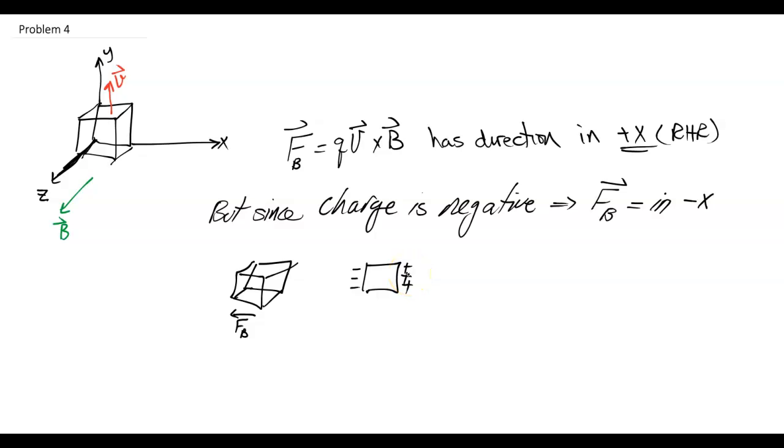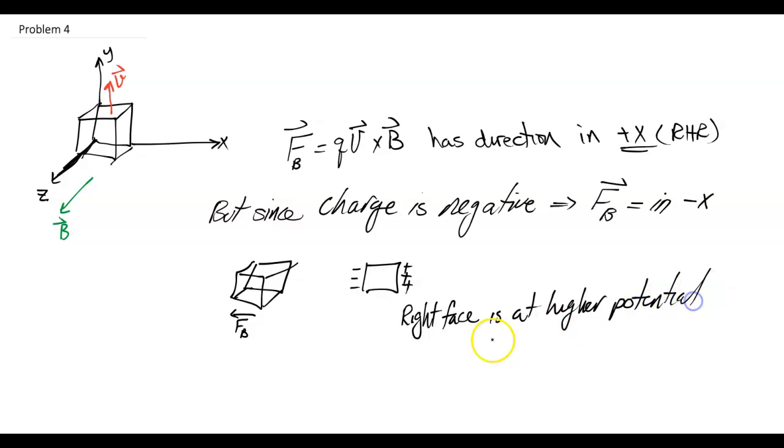This is going to produce an electric field, as we know, so this will mean that the right face is at higher potential and the left face is at a lower potential.